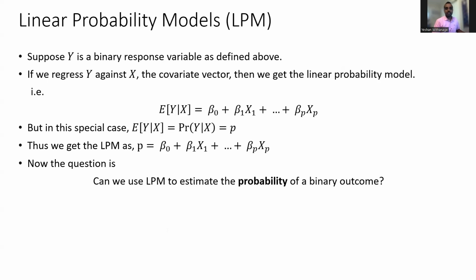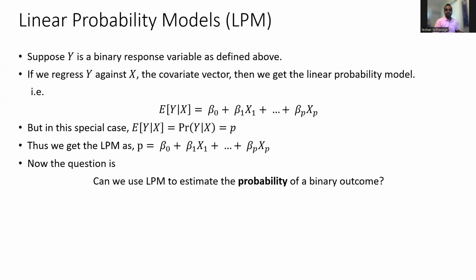Okay, now let's consider the linear regression model. I assume that you are familiar with the linear regression model. So if you just think about it, usually in a linear regression model, we have a continuous response variable. But think what will happen if we replace this continuous response variable with a binary response variable.